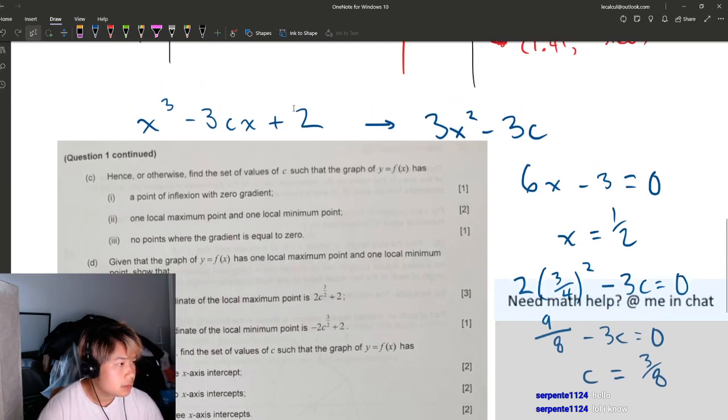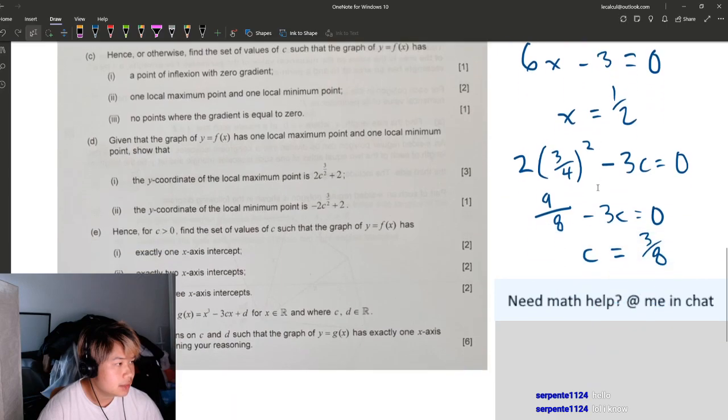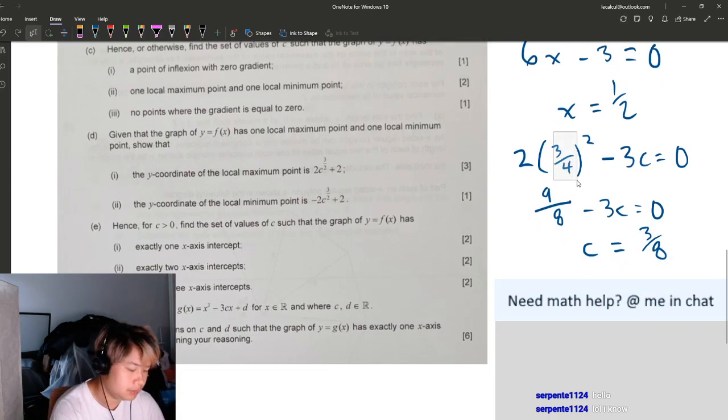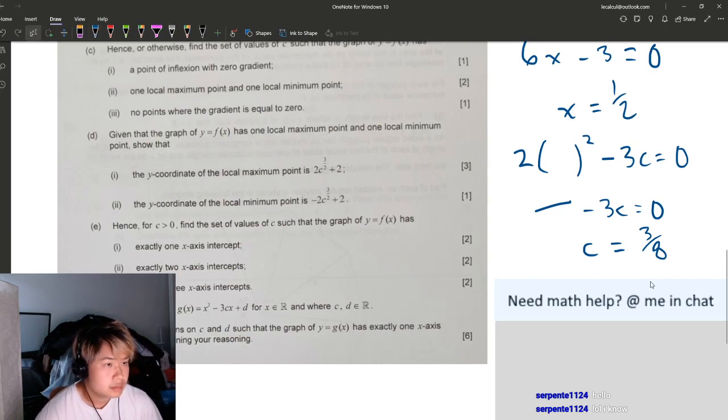So, yeah, bring down 3, and then bring down 2, so that's 6. Solve for this, that's 1/2. So 1/2. That's going to be 1/2. So 1/6.